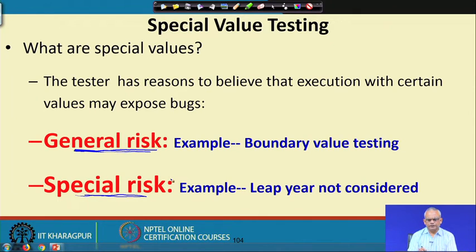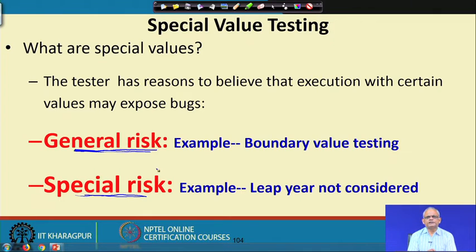For example, the tester might think that for this function which takes a year and produces the number of days in the year, is the leap year considered by the programmer or not. So, the tester, by looking at the functionality, guesses some values which might be prone to error, and those are called special risk values.